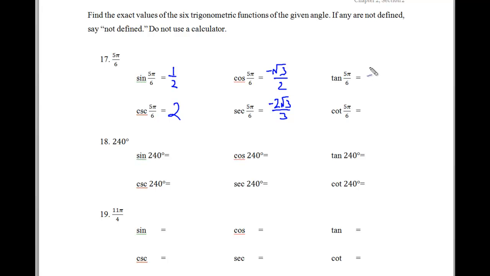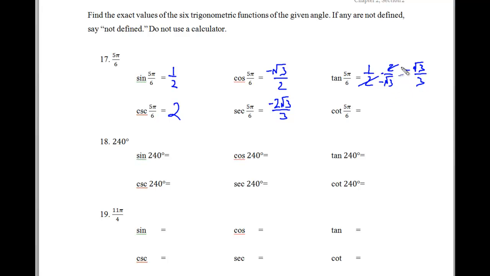Here, this tangent is, if you can't memorize it, you can derive it by going y divided by x. We flip and multiply, which is going to be 1 over -√3. And if we rationalize the denominator, it's -√3 over 3.